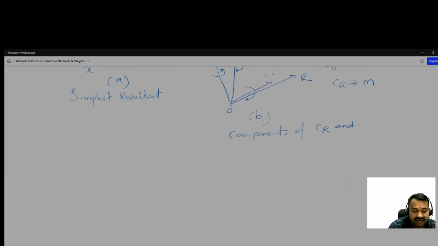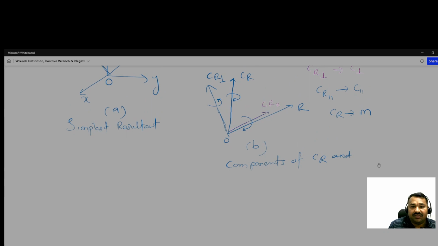In the third stage, what is the next? So in the third stage, what will be here?